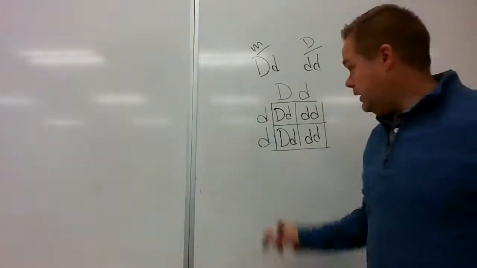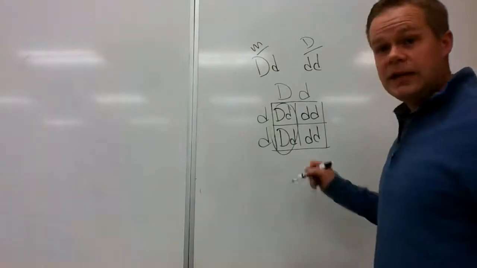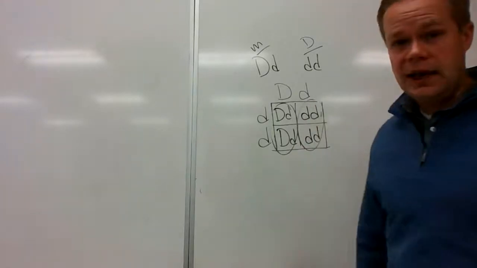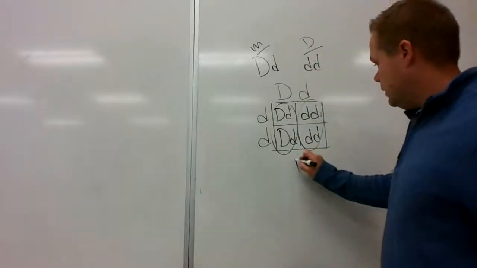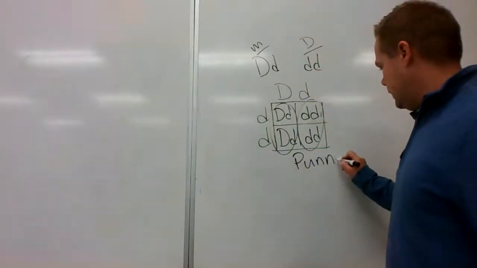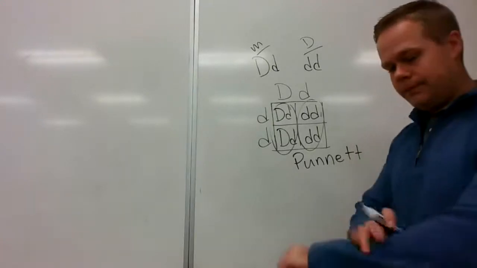Lining them up. And again, you can see there would be a 50% chance of getting dangling ears and a 50% chance of getting attached ears. That is called a Punnett square. P-U-N-N-E-T-T. Punnett square. All right?